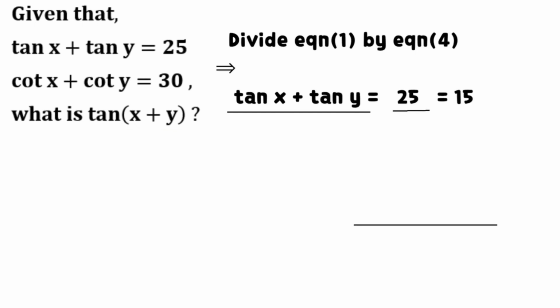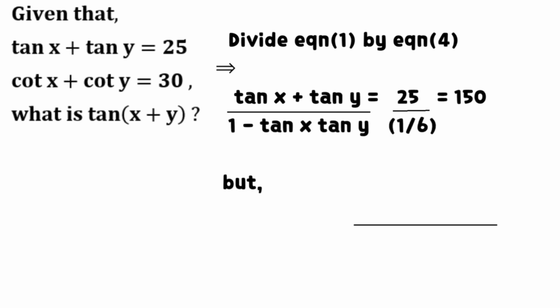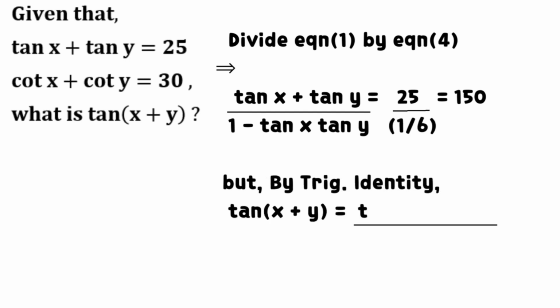Divide equation 1 by equation 4. It implies that the sum of tan x and tan y all divided by 1 minus the product of tan x and tan y equals 150.